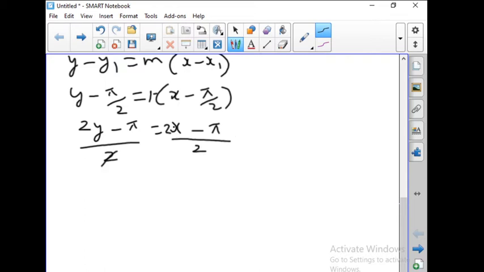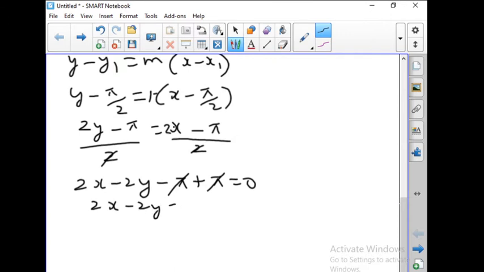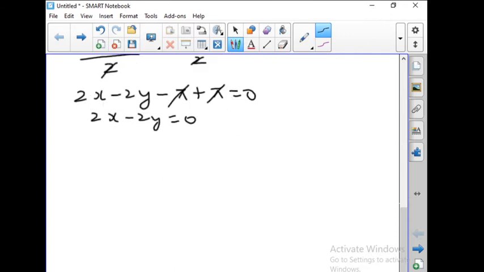So 2 gets cancelled. Bringing everything to one side, 2x minus 2y minus pi plus pi is equal to 0. So minus pi plus pi will get cancelled. 2x minus 2y is equal to 0. Divide throughout by 2. We get x minus y is equal to 0, which is the tangent.